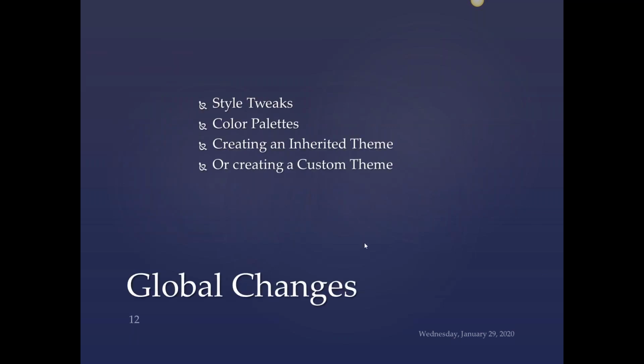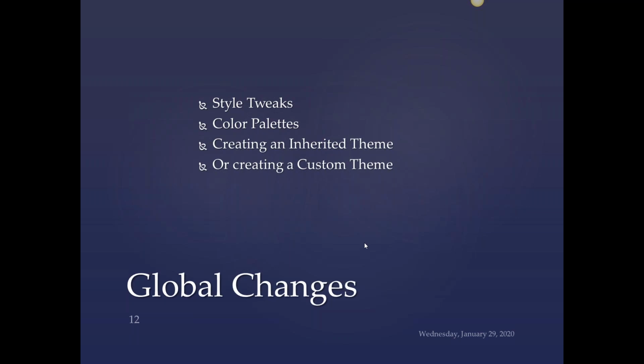But starting from the top and working our way down to the most local thing, we're going to talk about global changes. So things that globally change your theme. And when I say global, I just mean global to your project, not necessarily the entire workspace, depending on how you've defined a custom theme.